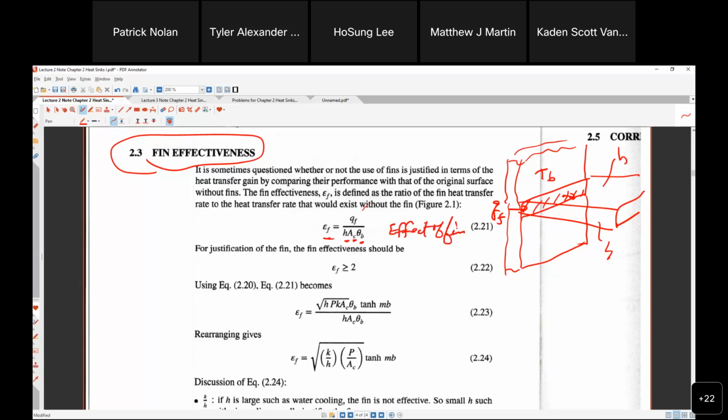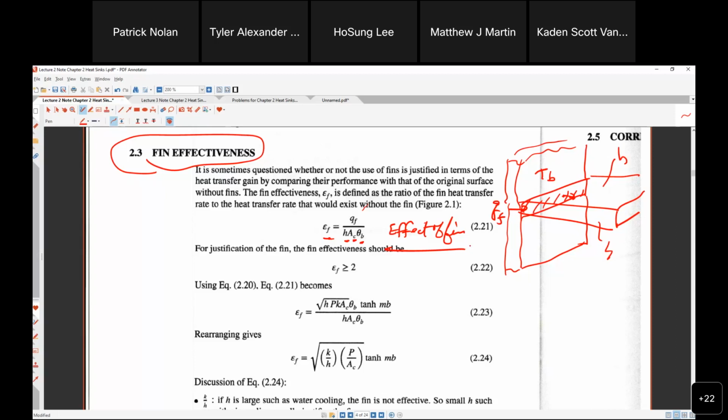Do you understand or not? I will repeat if you don't. Say yes. Okay, so the effect of the fin.